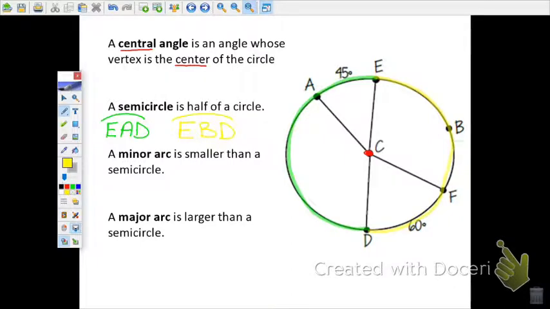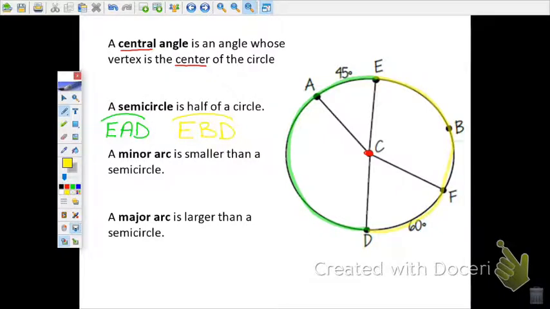Then we have major and minor arcs. So when we look at a minor arc, a minor arc is smaller than a semicircle, so it's going to be less than half of the circle. When we name a minor arc, we are only going to use 2 letters, the 2 endpoints.